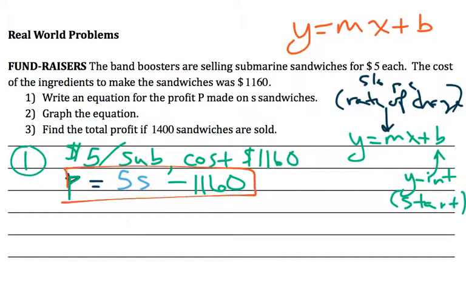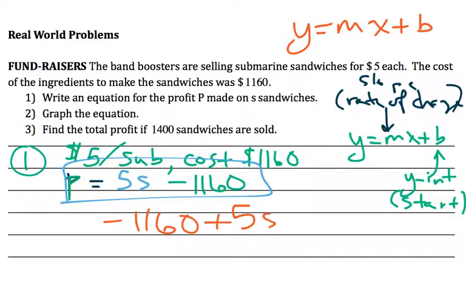So here's the equation. We are done in this step. That's all they asked us to do. And maybe you'd like to see the negative 1160 out front because you think of that as beginning, but it's just not the way these are written. So because it's not the way they're written, that's why I show it in this order.